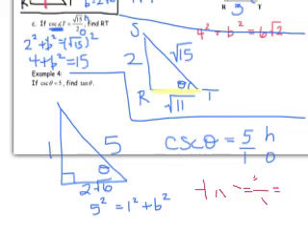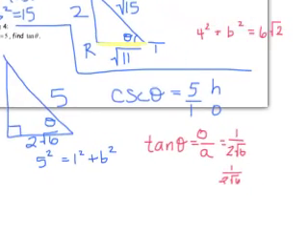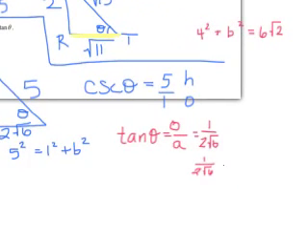So the opposite is 1, the adjacent is 2 root 6. Rationalize it to 1 over 2 root 6 times, I'm running out of room, so times root 6 over root 6 is root 6 over 12.